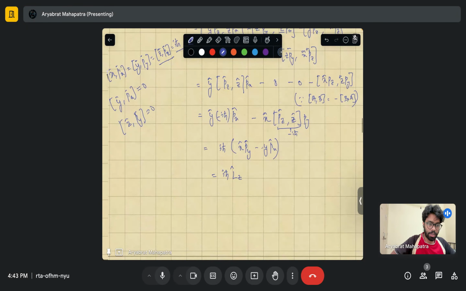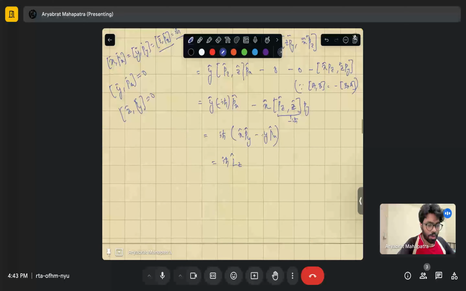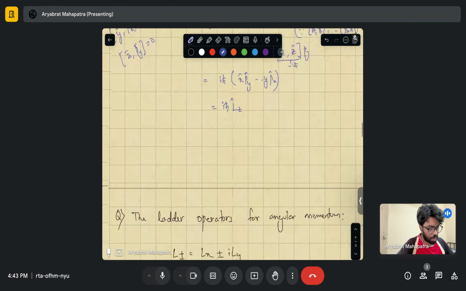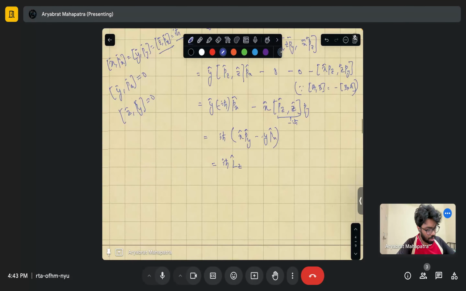So this is how you can straightforwardly show this commutation relation for [Lx, Ly] becoming iħ Lz.